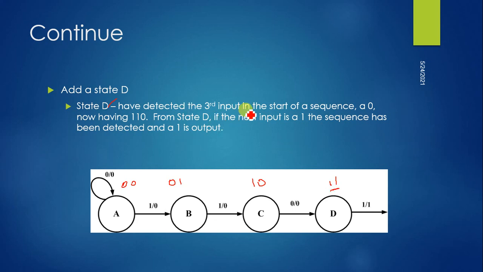We have detected the third input in the start of a sequence, a 0. Now we have 1 1 0. From state D, if the next input is a 1, the sequence has been detected and 1 is the output.